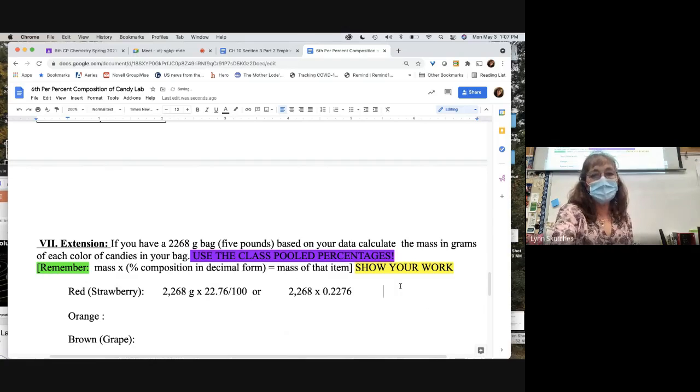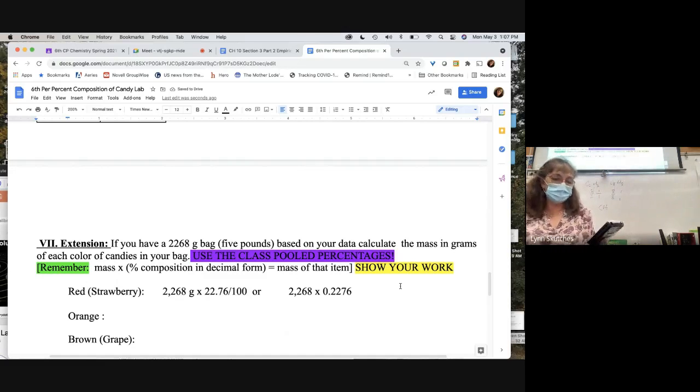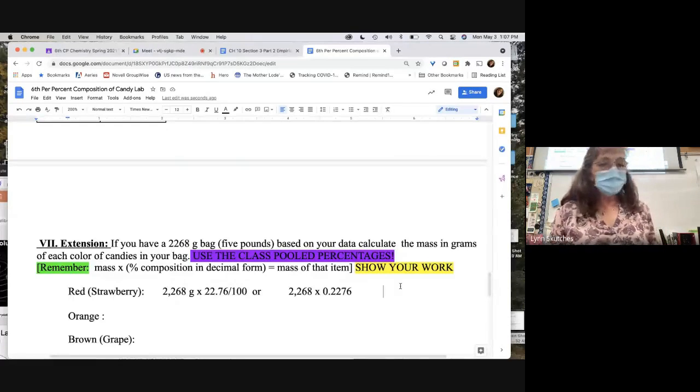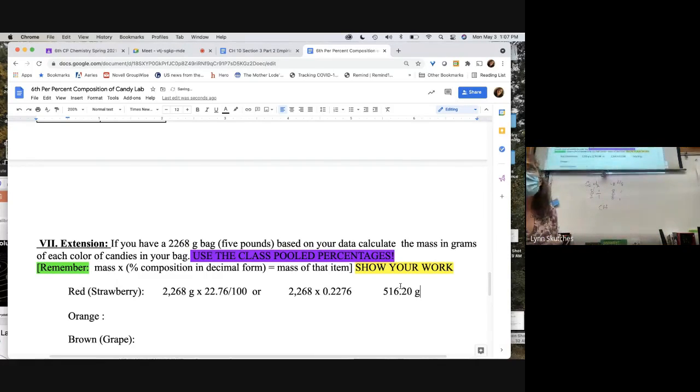They should come out to be the same. So let's just do it. 516.20 grams out of that bag should be red strawberry.